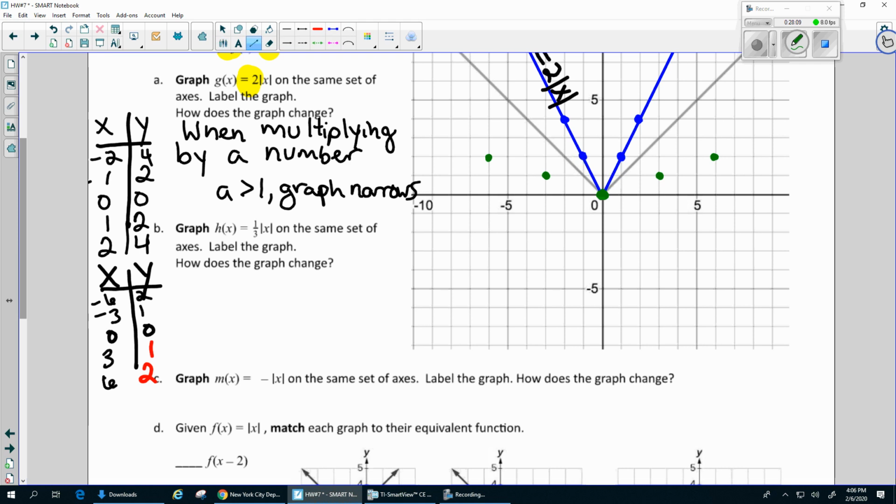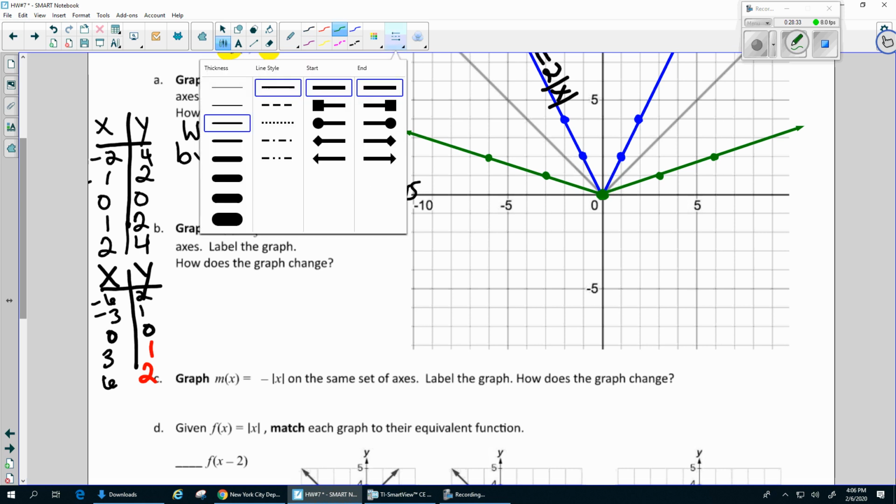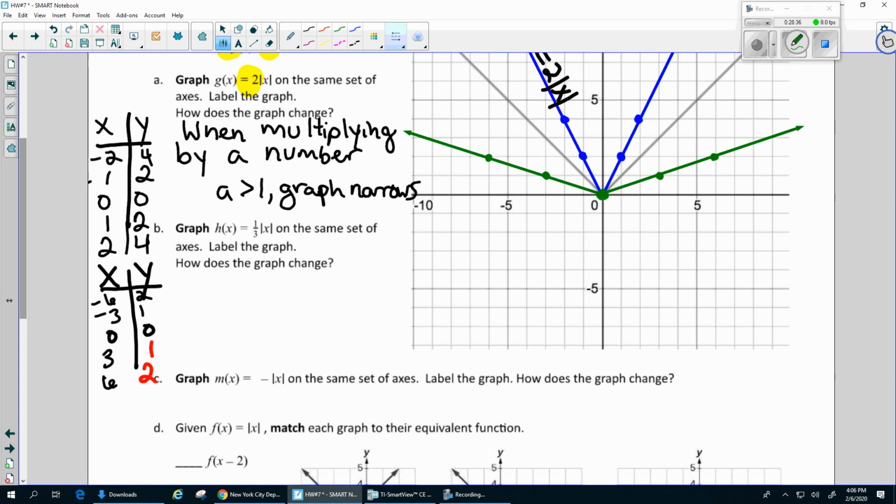I'm going to grab my straight edge and draw a straight line through my points and extend across the entire coordinate plane. Now I need to label. This is h of x is equal to 1/3 absolute value of x.